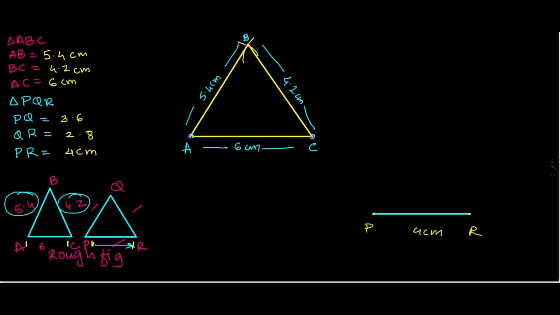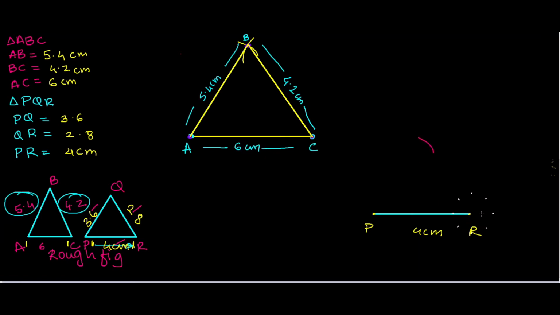From P you have to take now, what is the measurement of PQ? PQ is 3.6 centimeter, QR is 2.8 centimeter, and PR is 4 centimeter. So now from point P we will drop line PQ, 3.6 in the rounder, and we'll get an arc like this.